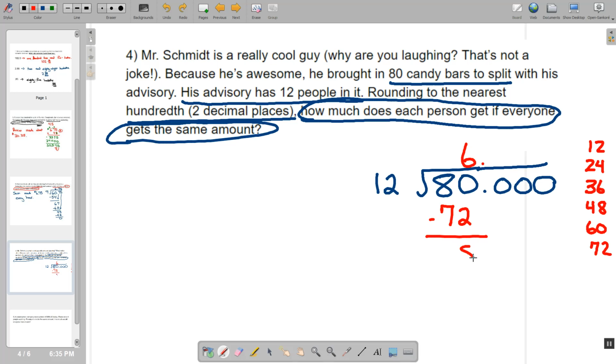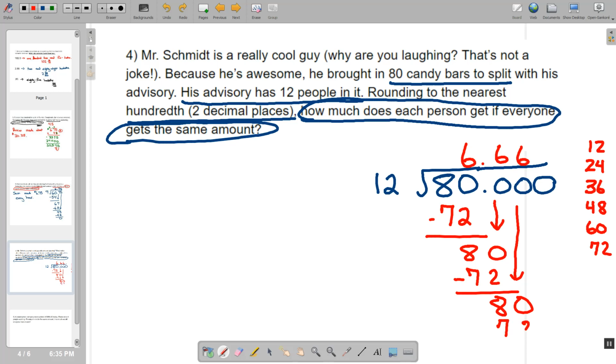From here, I subtract. So once again, it'll be 6 groups. Once again, 72. And I bring my digit down, and it looks like we found ourselves a repeating decimal.